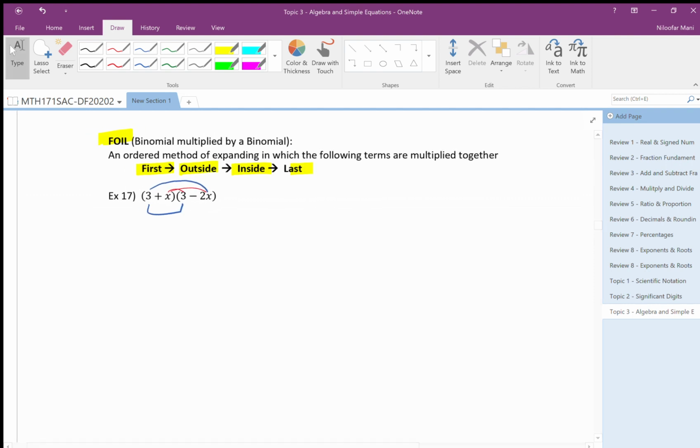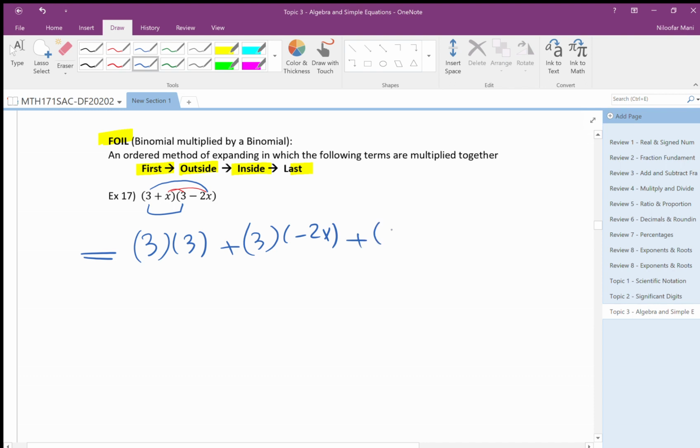Remember, how do you do this multiplication? You start from the first term inside the first bracket, you multiply the first term with each term inside the second bracket, then when you are done you go to the next term in the first bracket, and you continue until you are done with all the terms inside the first one. So you multiply 3 with 3, you multiply 3 with minus 2x.